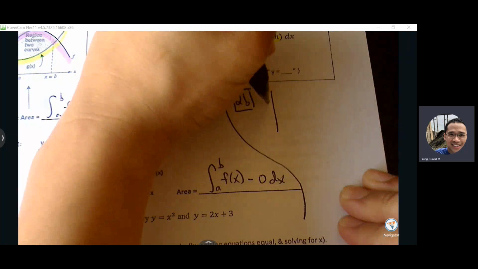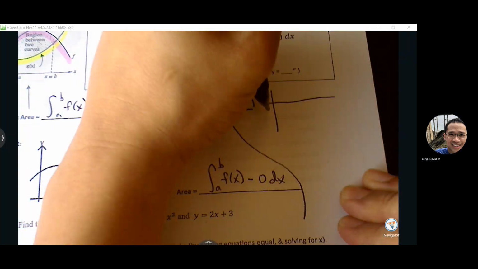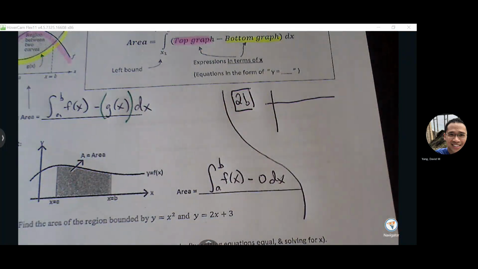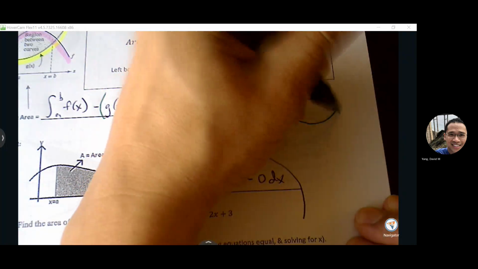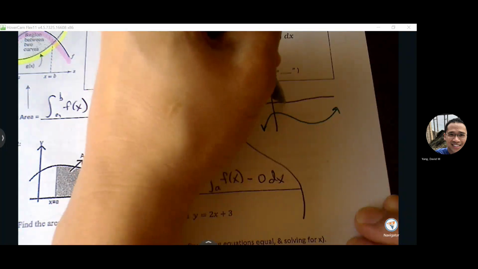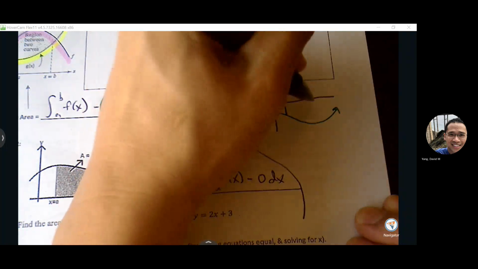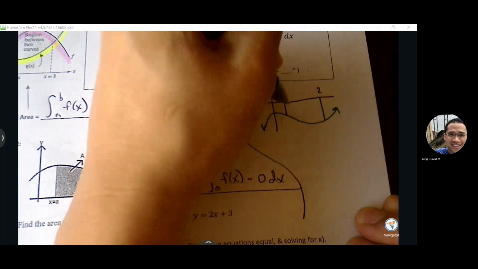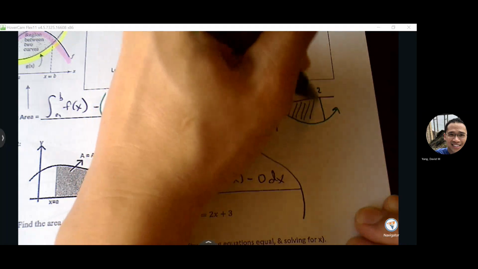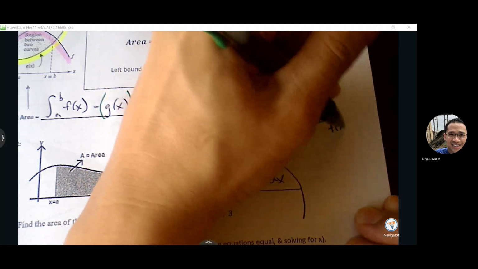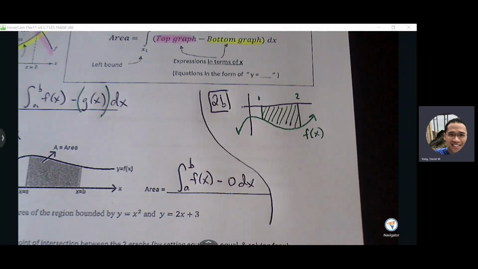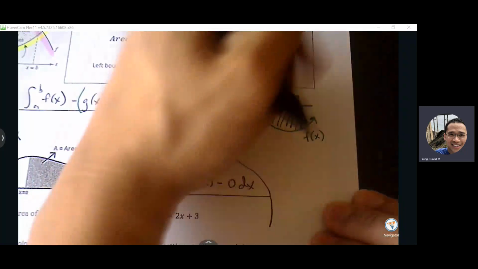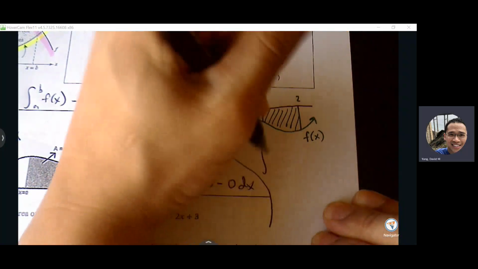Now, what if the graph looked like this? Okay, so now let's say the graph is completely below the x-axis. We want to set it up using definite integrals.